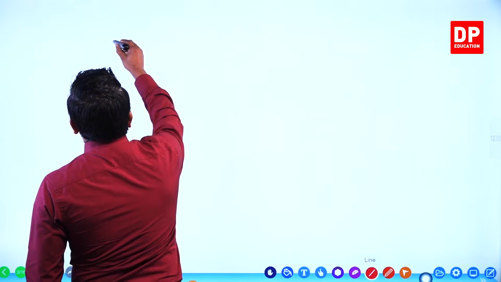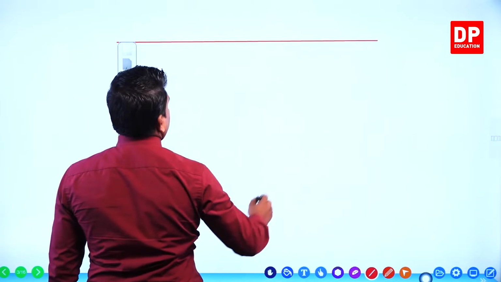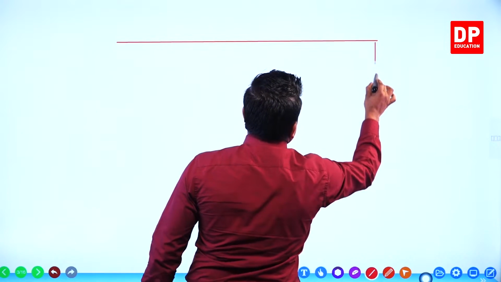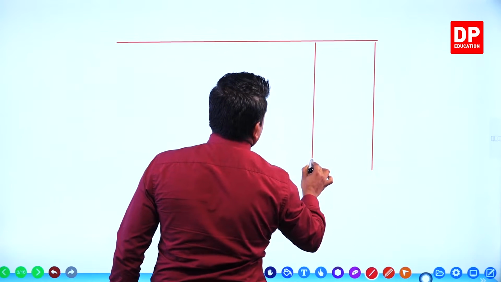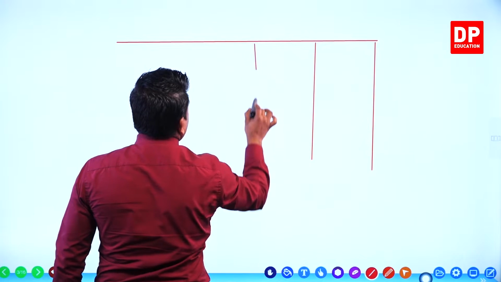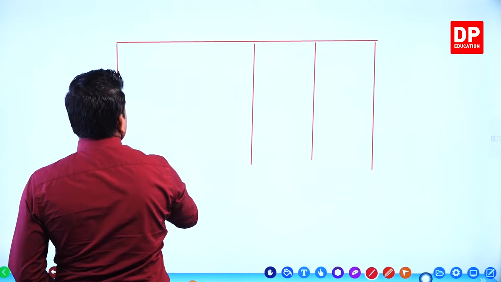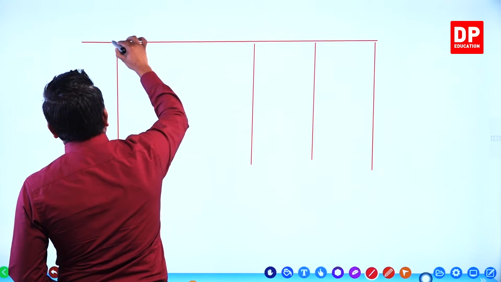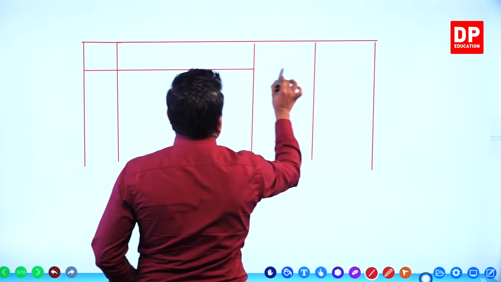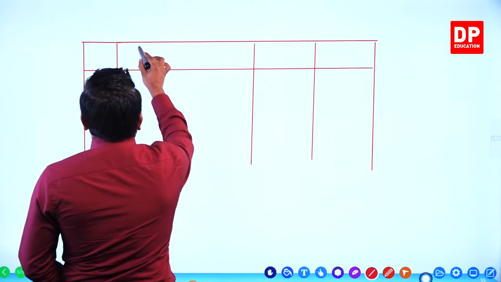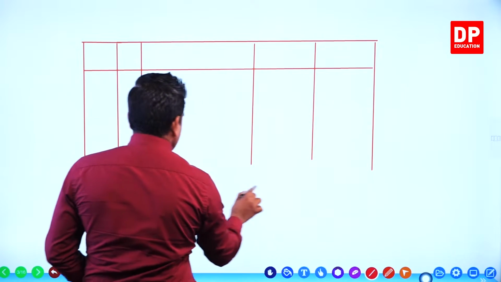What is this? General journal. After that, ledger accounts.